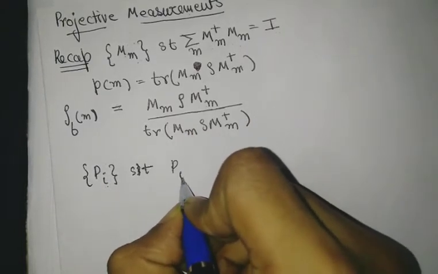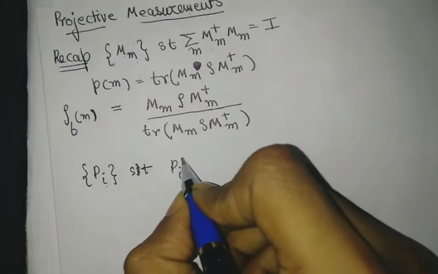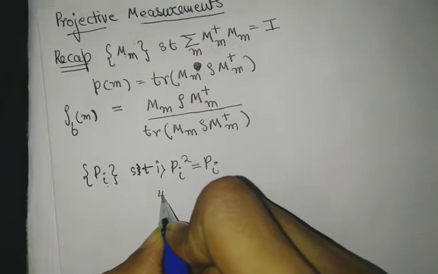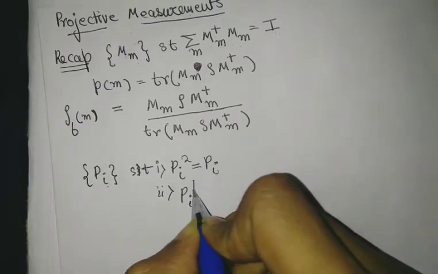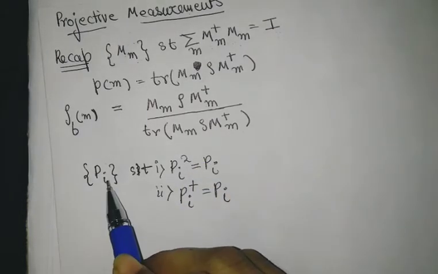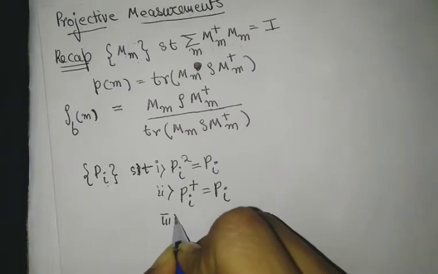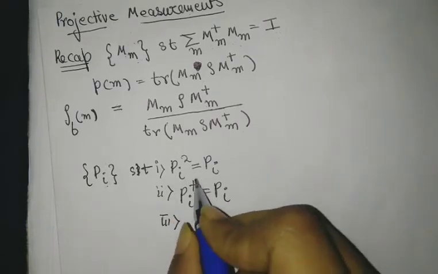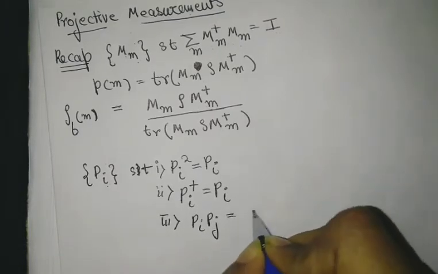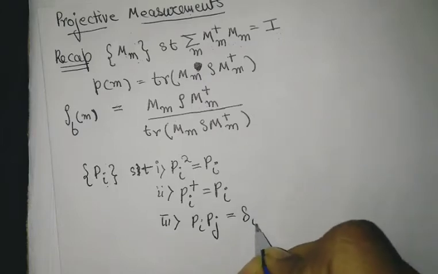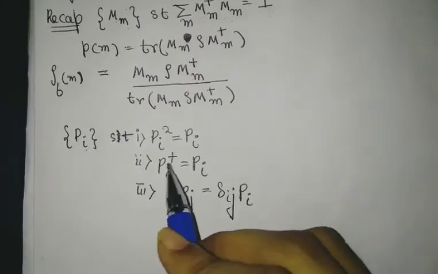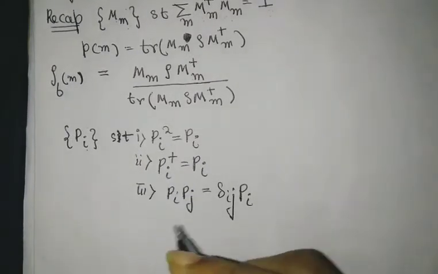Projectors are operators that satisfy this, and a second property, and it follows one more property. Given these properties, these are called projector operators.